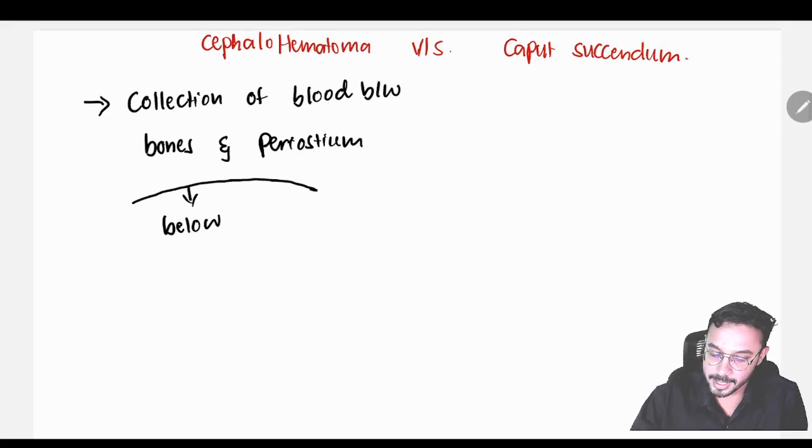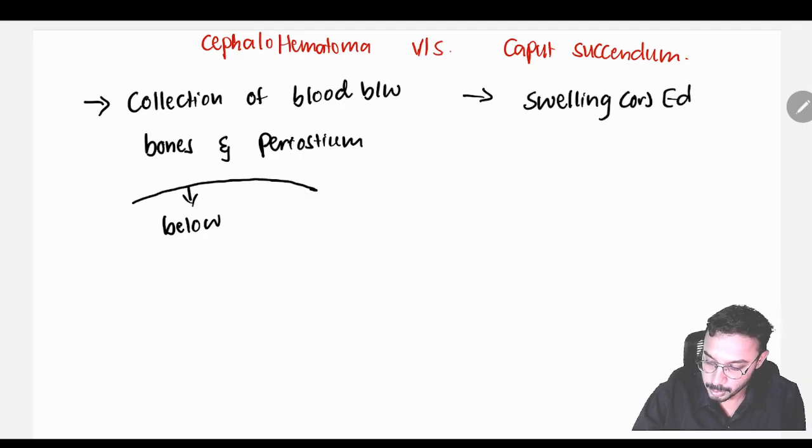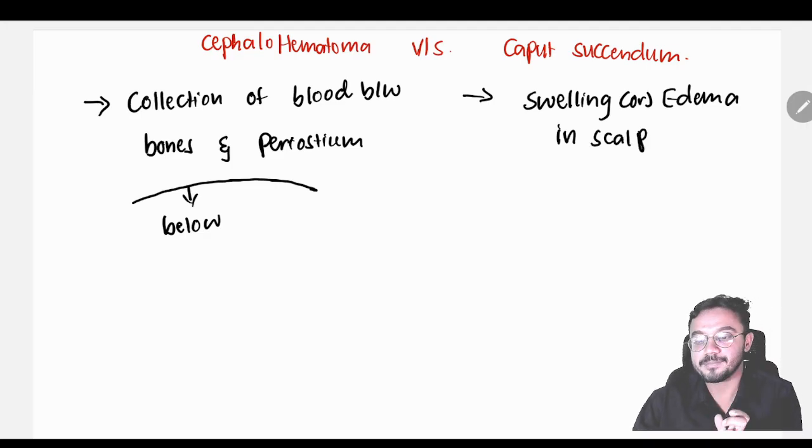And caput succedaneum, what do you mean by this? Caput succedaneum is swelling. It is also known as edema in the scalp region. If you find the edema or swelling in the scalp region of the baby, that is known as caput succedaneum.